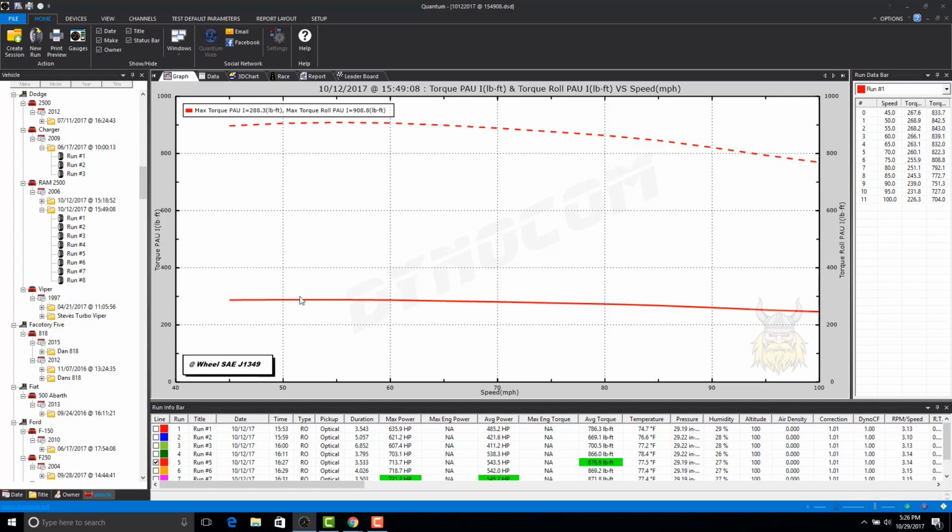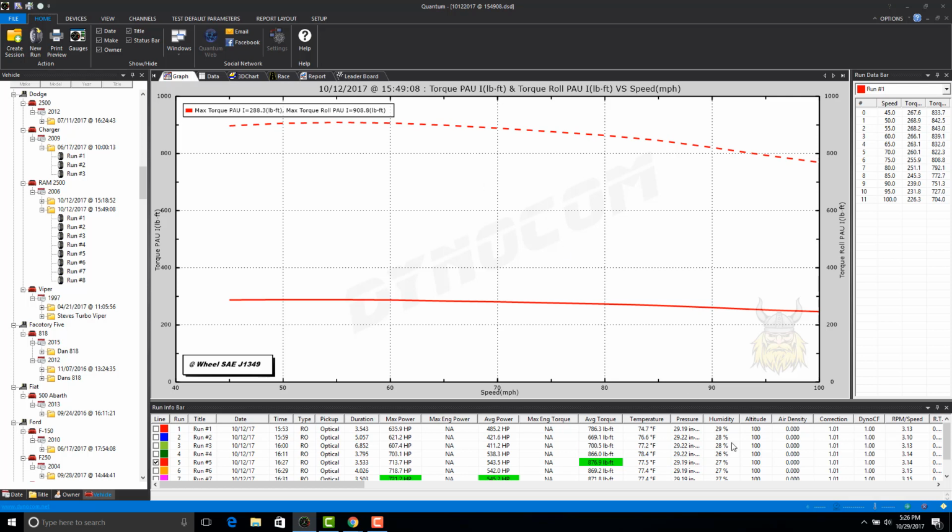That's the normalized torque, back in quasi-engine domain terms. And the dash line at the top with a max of 908 is the raw torque, or raw force, that the tire was seeing.